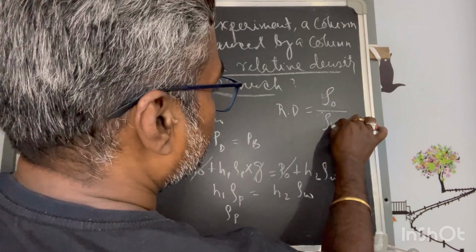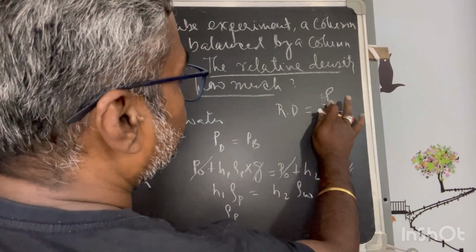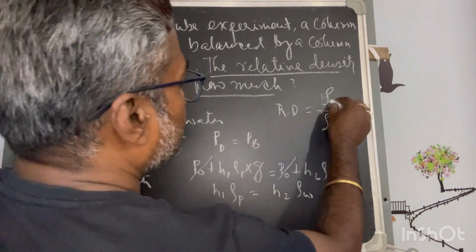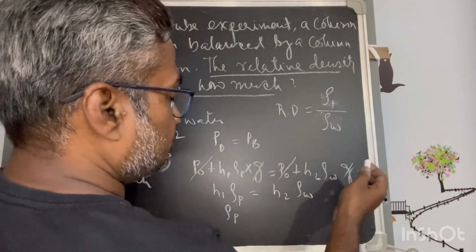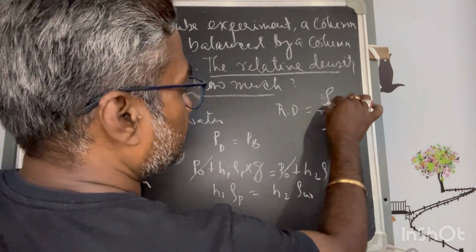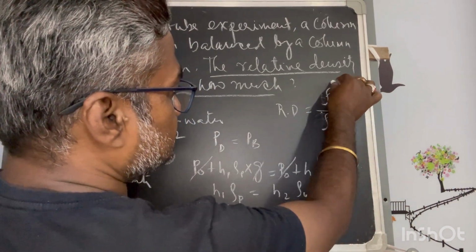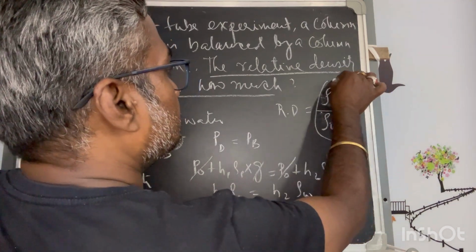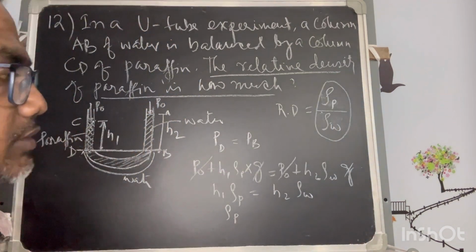In this case the object is paraffin. So the relative density can be understood if I calculate this ratio.